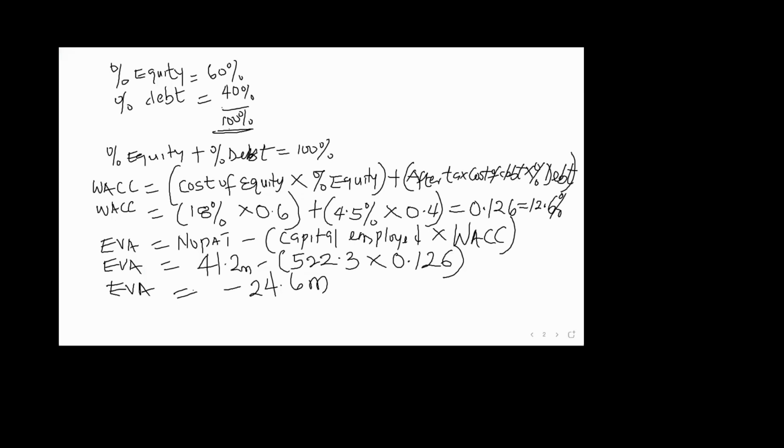The applicable cost of capital is the associated weighted average cost of capital of the company. You have computed the WACC, 12.6.